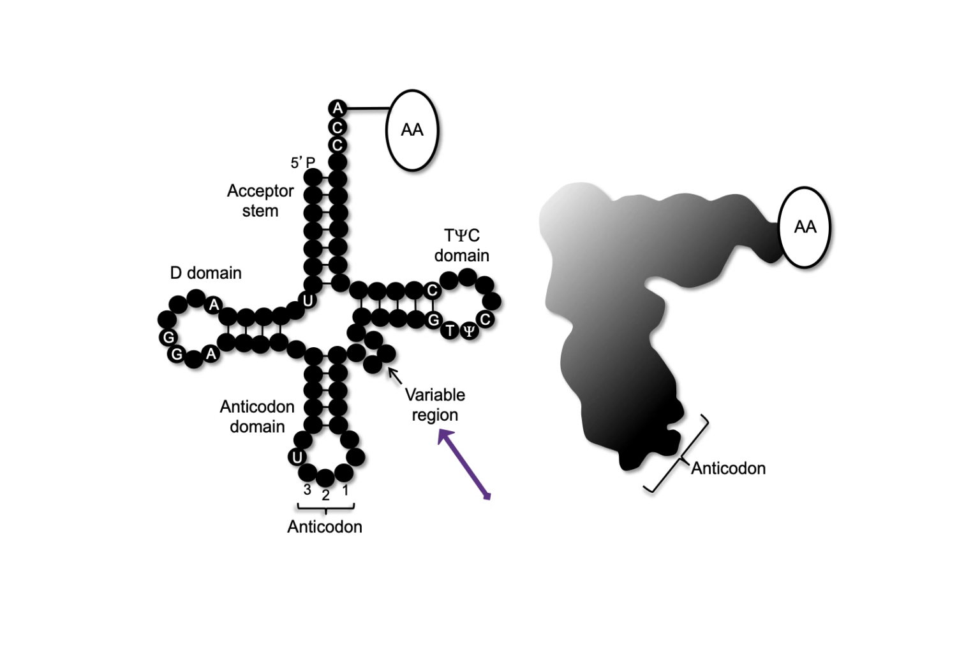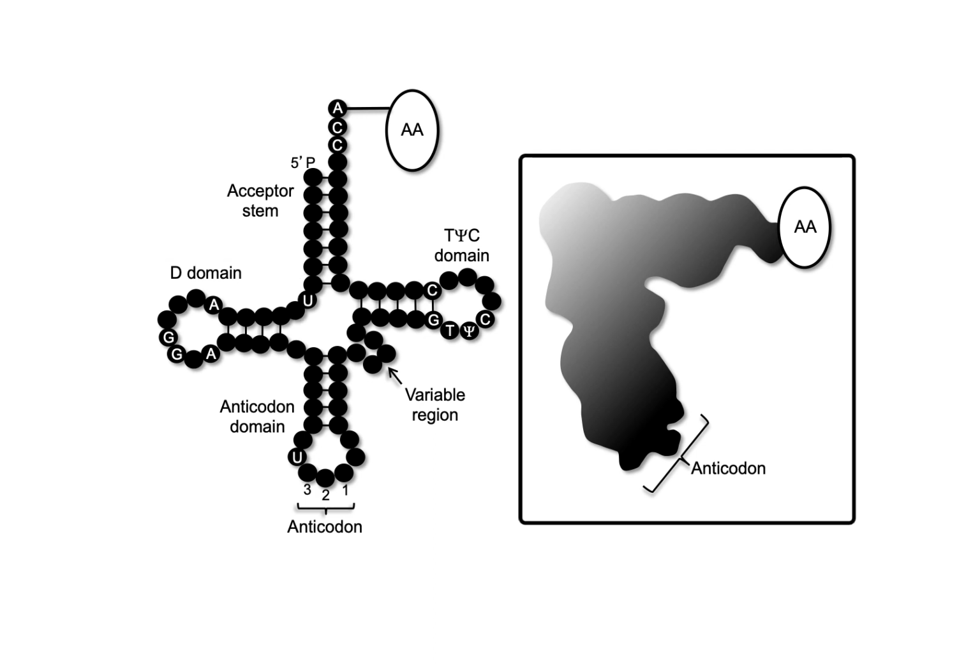A variable loop here, and then a T pseudo-C or T domain, which usually has a thymidine, a pseudouridine, and a cytosine there, preceded by a G in a GC pair. On the D loop, there's often a dihydrouridine as well. And this is just a sort of a shadow diagram of what that looks like with the amino acid attached in each case.